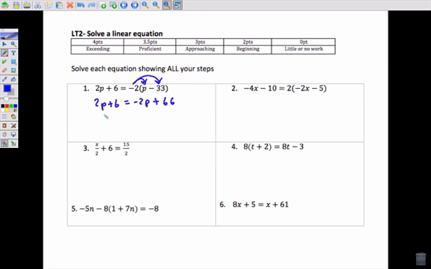Probably add 2p to both sides, you get 4p plus 6. Subtracting 6 from both sides, 4p equals 60. Divide by 4, divide by 4, p equals 15. On number 2 over here, again, distribute first.